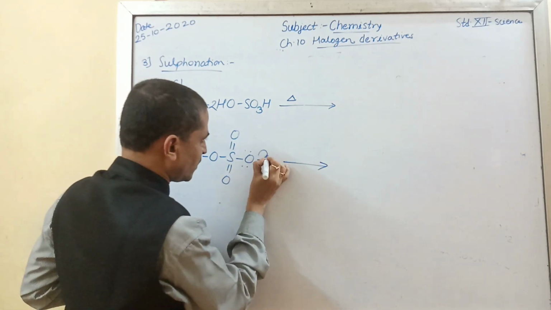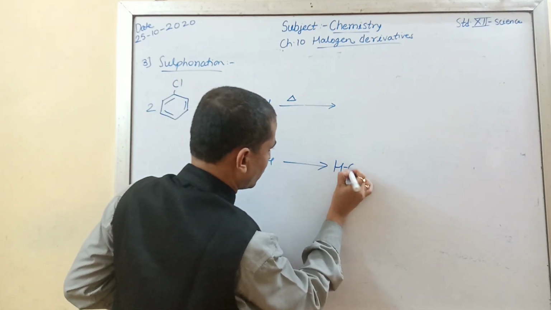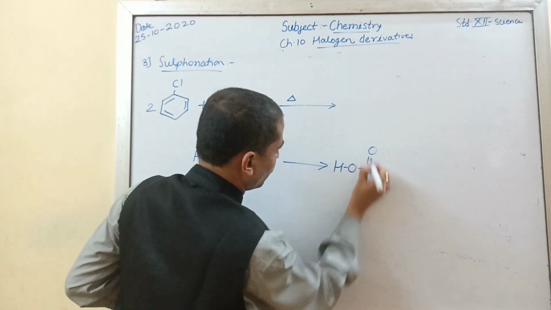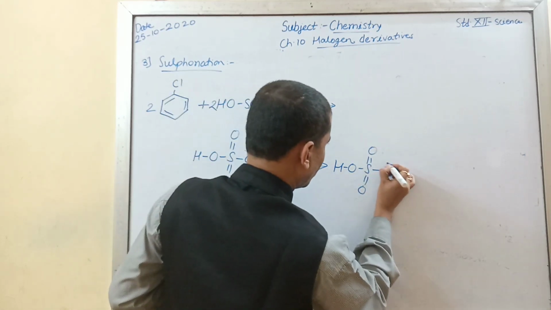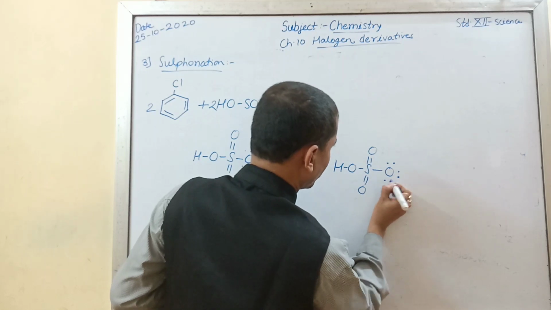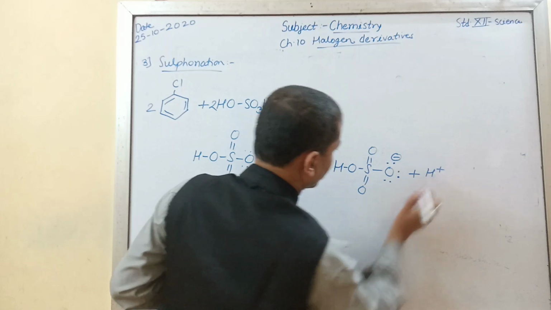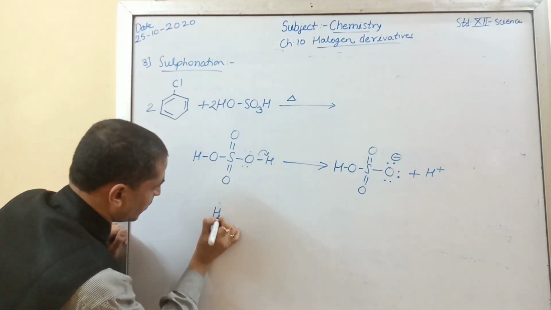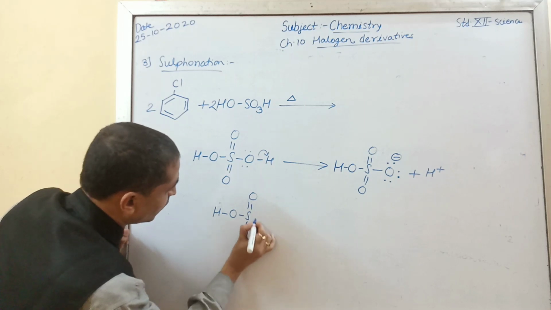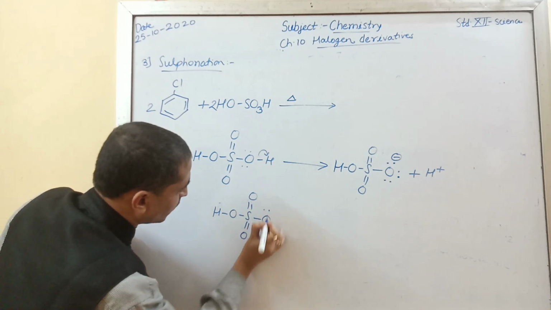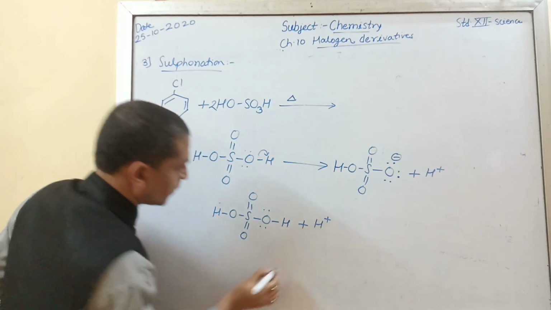First, the slow step, you get HOSOSO, with a minus charge, plus H plus. Now see the second step. HOSOOH plus H plus.